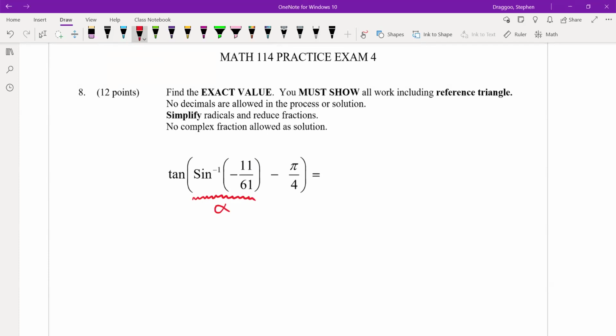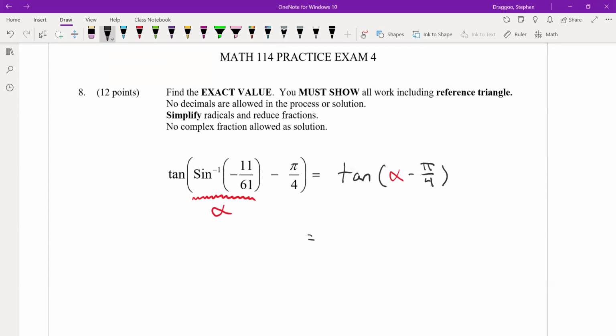I'm going to call that angle alpha. So what I'm looking at here is the tangent of alpha minus pi over 4. Both of those are angles. So I'm going to use a difference formula for tangent on alpha minus pi over 4.